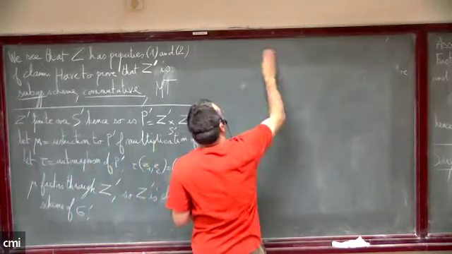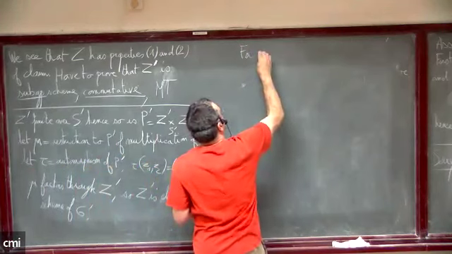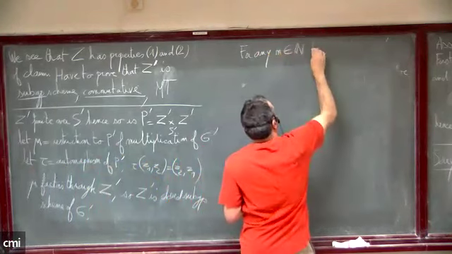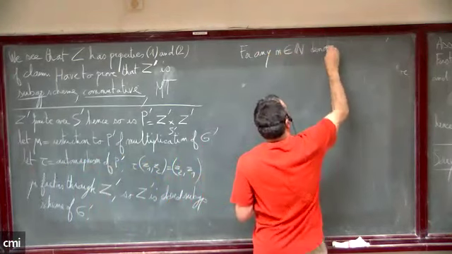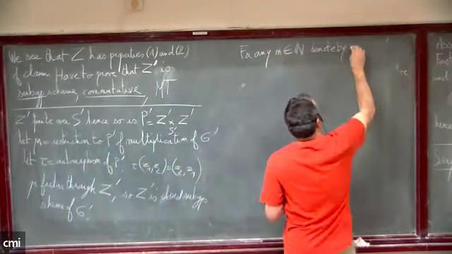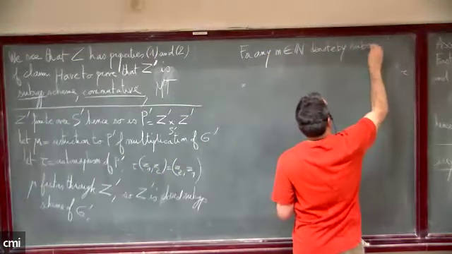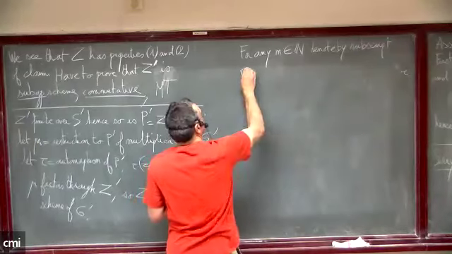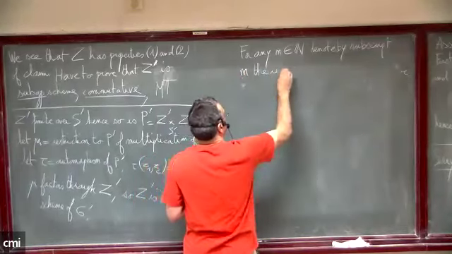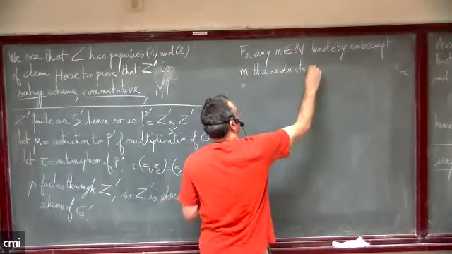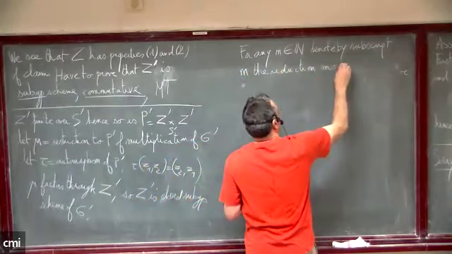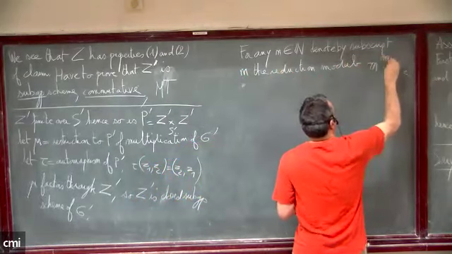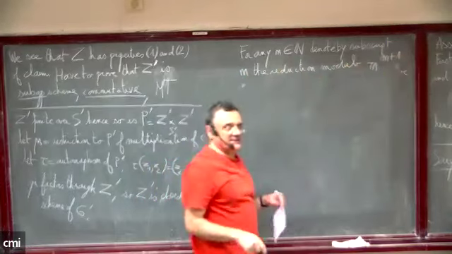Okay, for any integer m, denote by a subscript m the reduction modulo the power m plus one of the maximal ideal.